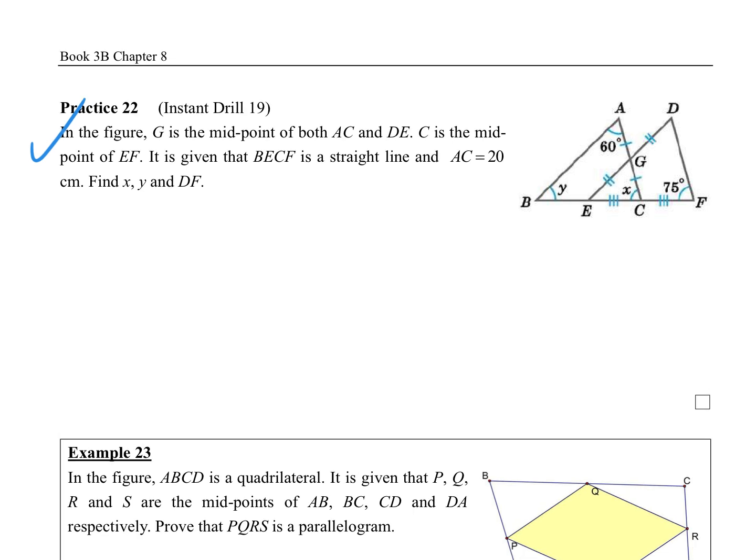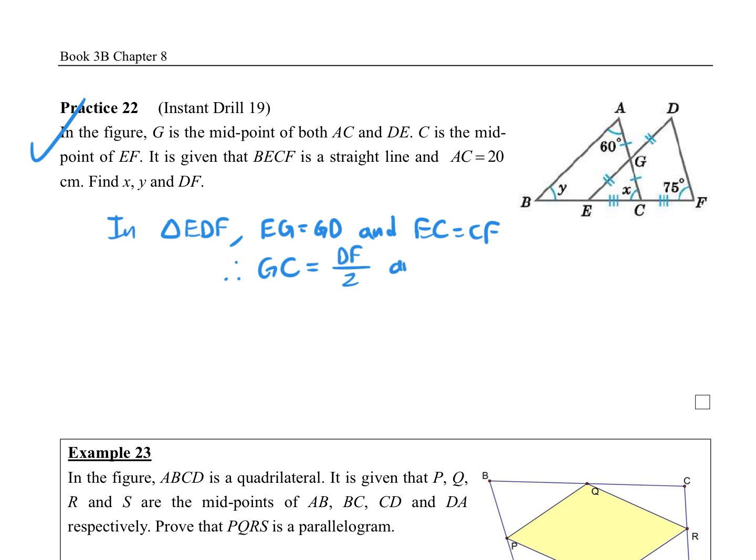Practice 22, you can spot that there are 2 triangles, and in each of those larger triangles, you can apply the midpoint theorem because, for example, in the right-hand triangle, EG equals GD and EC equals CF. You must state both conditions in order to apply GC equals half of DF and GC parallel DF by midpoint theorem.